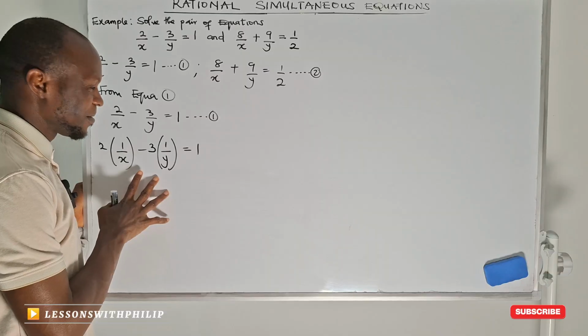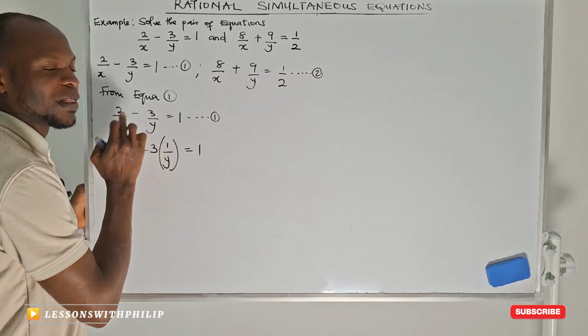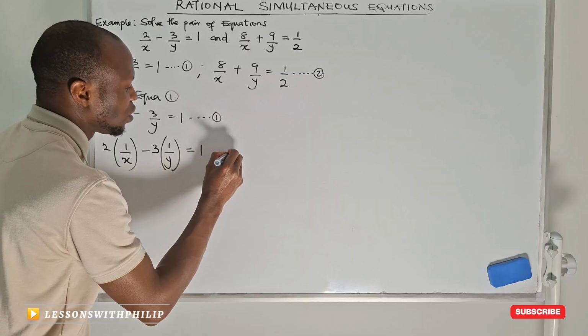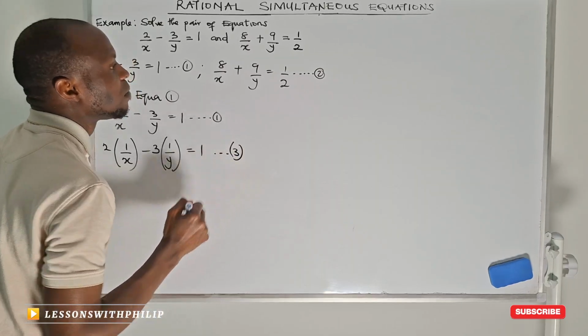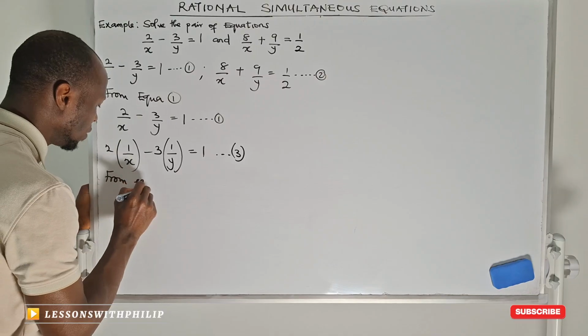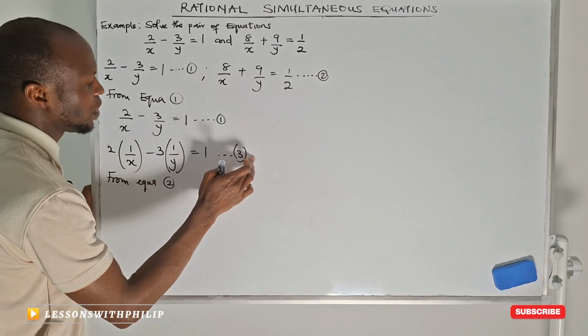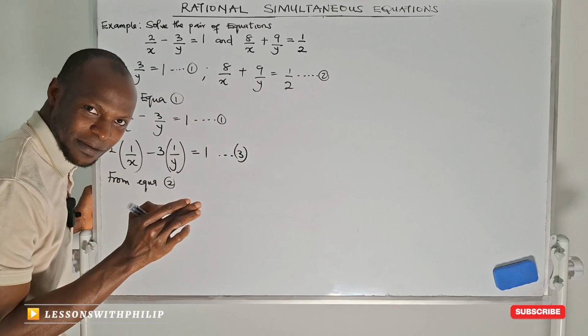Do you understand what I've done? Because this is the same thing as 3 times 1 to give me 3. Let me make this one equation 3. Don't forget equation 3 and equation 1 are the same.